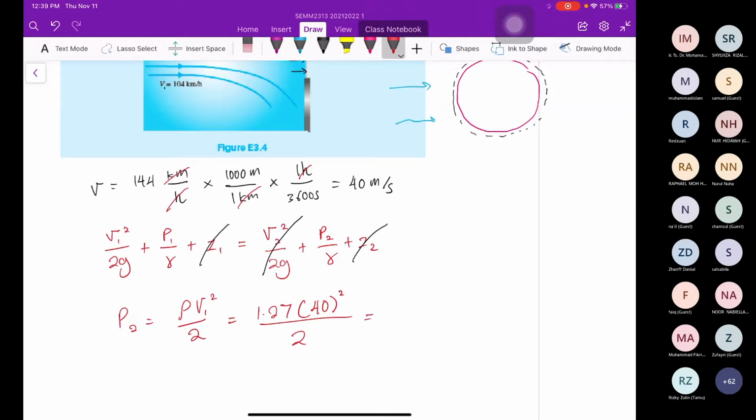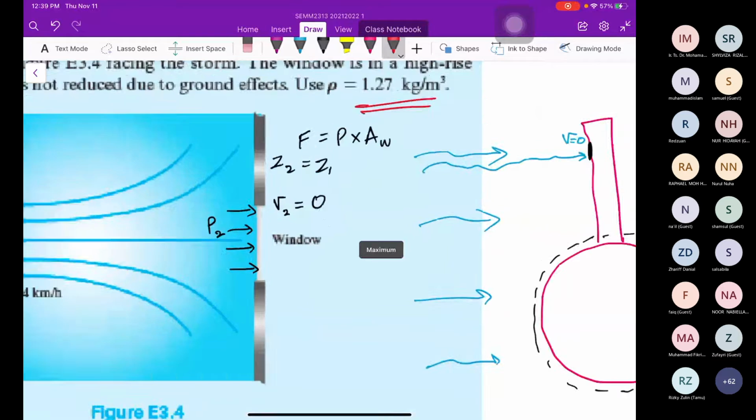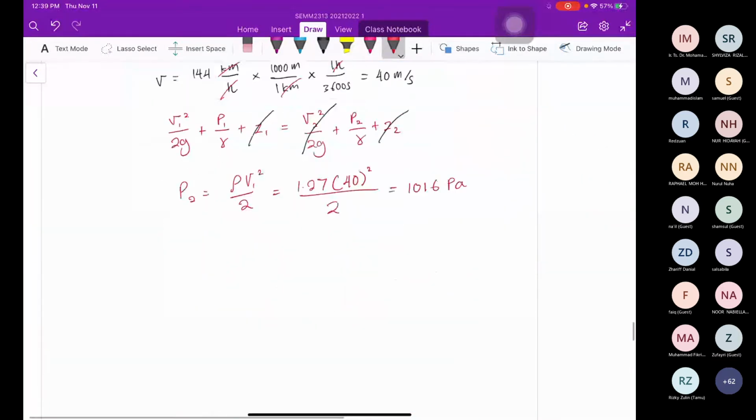Now, the final answer is 1016 Pascal. This is the pressure. Remember the question asked for the force acting on the window. So based on our equation, force equal to pressure at 2 multiplied by the area of the window.